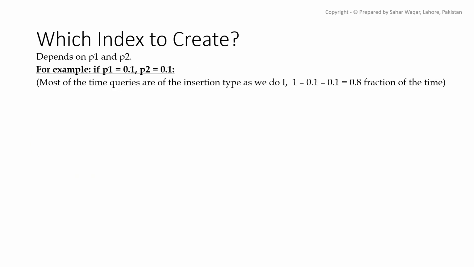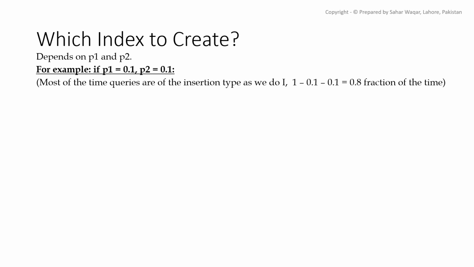So let's come to the same question. How should we pick the index attribute? Let's say we do Q1 for 0.1 and Q2 for 0.1 fraction of the time. It means that most of the time is being spent on insertion queries, and accessing queries are only taking 0.2 fraction of the time. That is, maybe 20% of the queries are select queries and 80% are of insertion types.